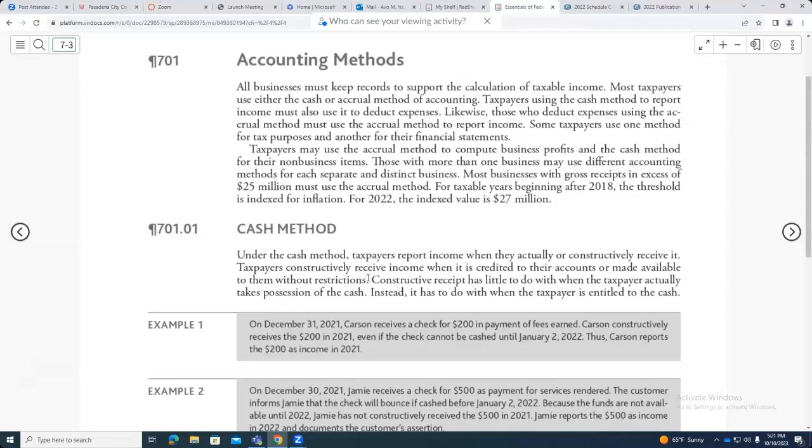So if you receive a check, that means it's available to you. You cannot say, oh, I'm going to hold on to this check till January, then I will deposit that. That doesn't make sense. It's still a revenue. So you have to recognize the revenue because the check was available to you.